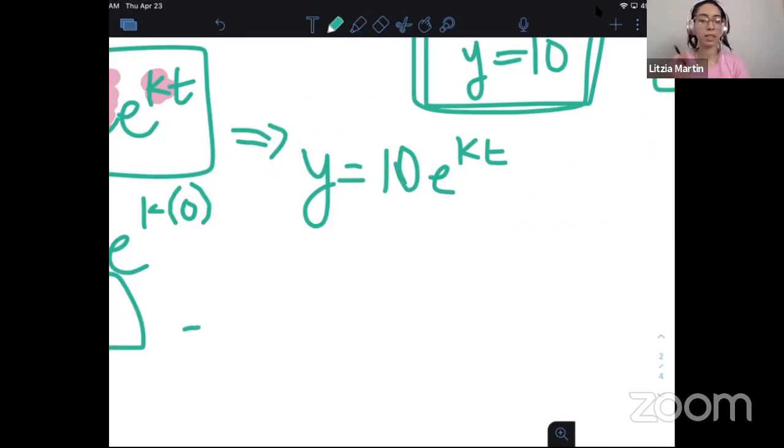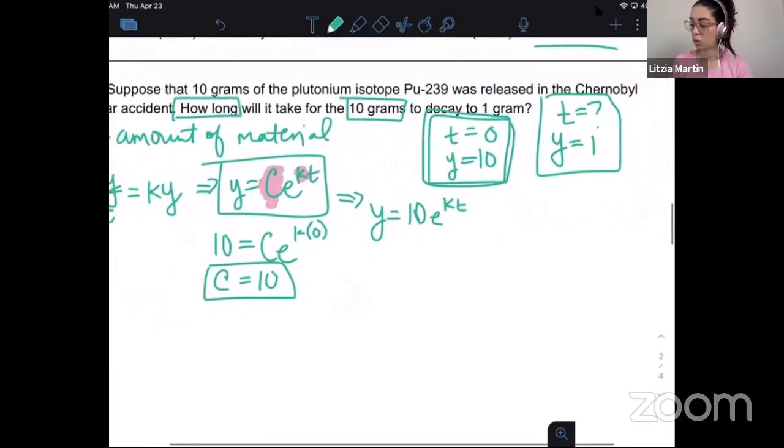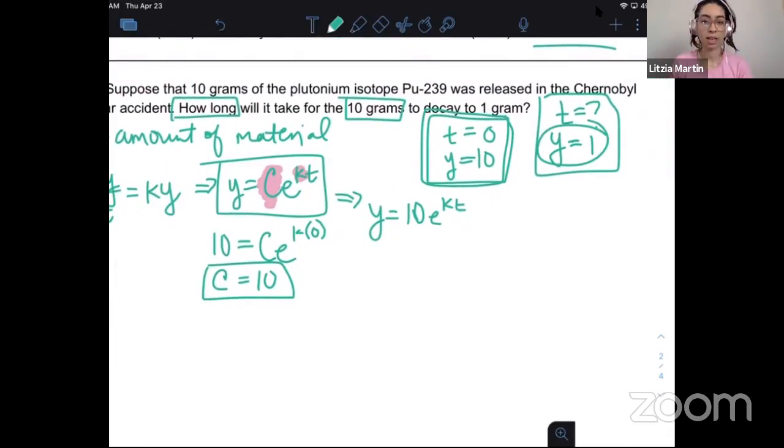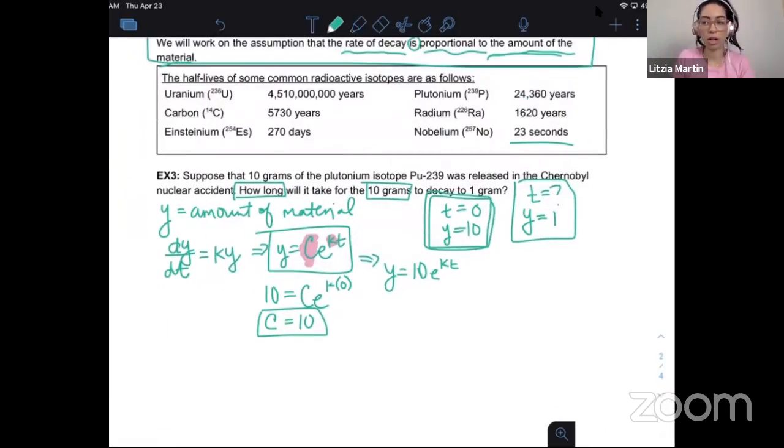All right, but that's still not enough for us because we can't plug in this y value and then get a t value as an output because we don't know what k is equal to. So we need another set of information in order for us to solve this. So what do we do? We go back to this chart here, and it says that plutonium has a half-life of 24,360.